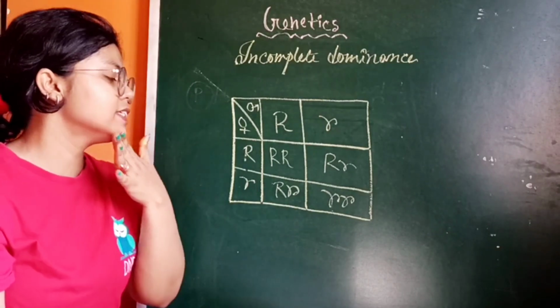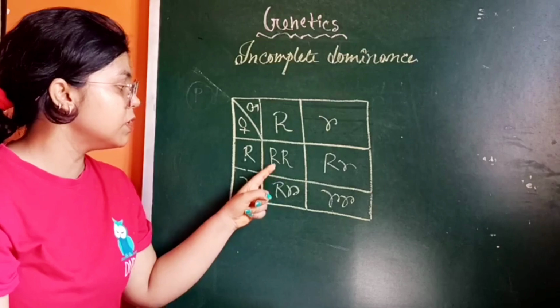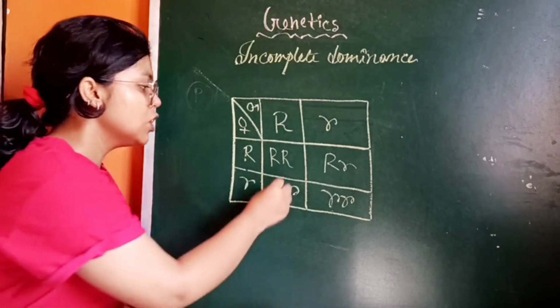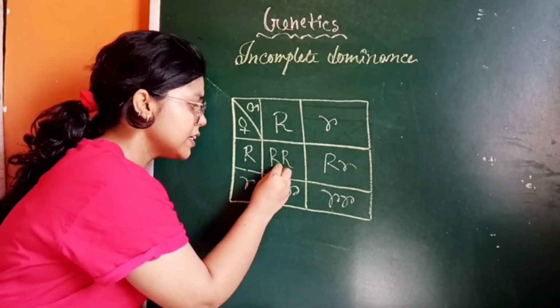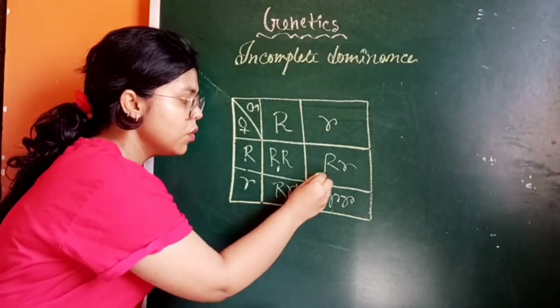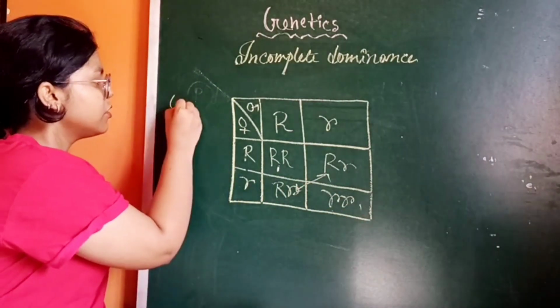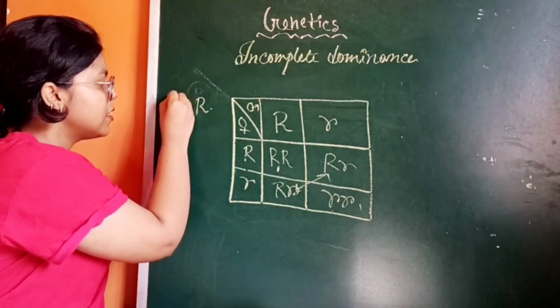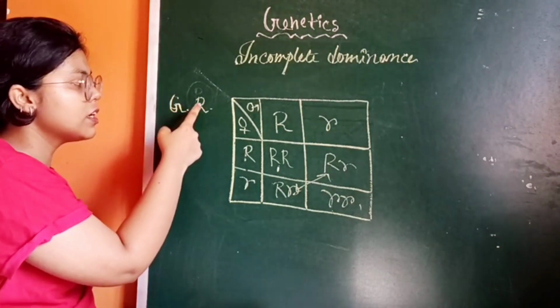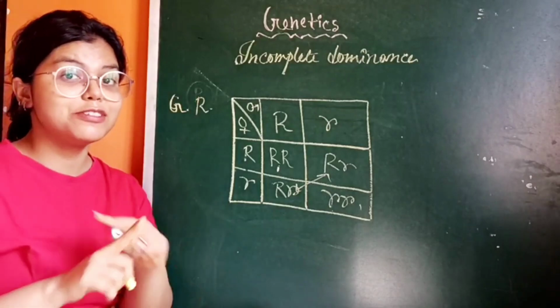Here you can see capital R capital R is 1, capital R small r is 2, and small r small r is 1, which is the genotypic ratio. I am writing genotypic ratio as G.R., but you should write the full name.